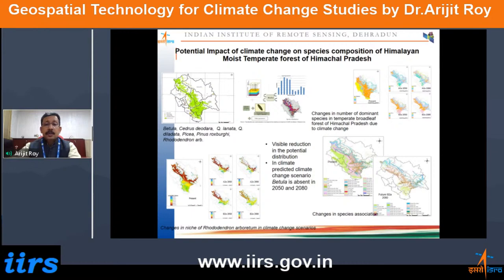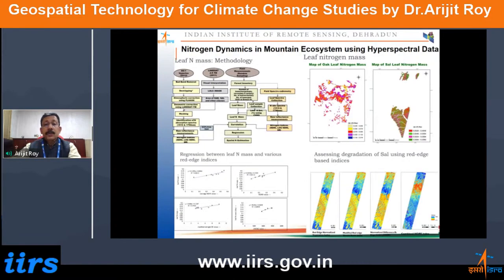And there is a visible reduction in the potential distribution of species, especially species like Betula, or the Bhojpatra, as we know it, in 2050 and 2080. Then there is a significant change in nitrogen. As we have seen, nitrogen cycles are significant in climate change impact.